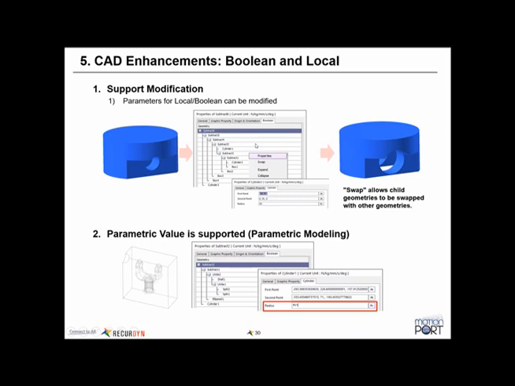This is quite new. As you know, we're using the Parasolid graphics kernel in RecurDyn, and we have been for a very long time. When we first started, we really couldn't access a lot of the capabilities of Parasolid, and as time goes on, we're given more and more access to it.